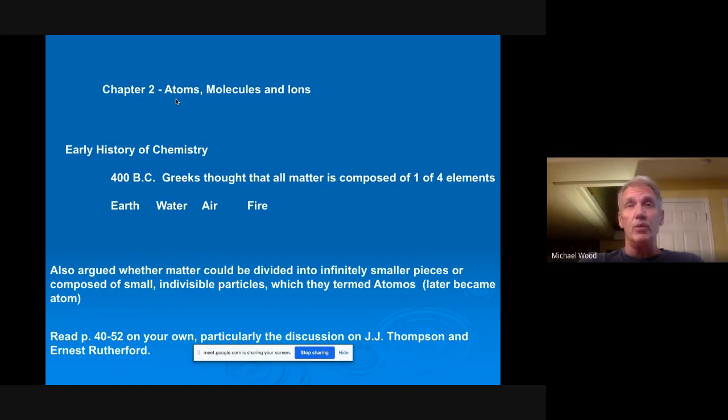And he noticed the law of multiple proportions, that there was a ratio, and he came up with the idea that there's constant ratios in matter. He came up with the idea of an atom, and it's still held to be the case 200 years later. Thomson was given credit for the discovery of the electron, and Rutherford was given credit for the discovery of the nucleus.